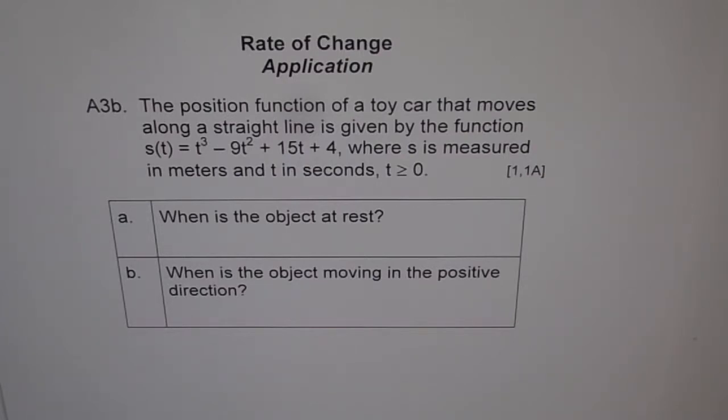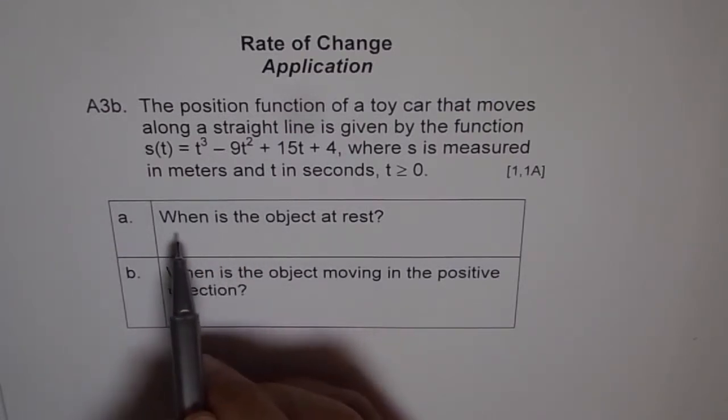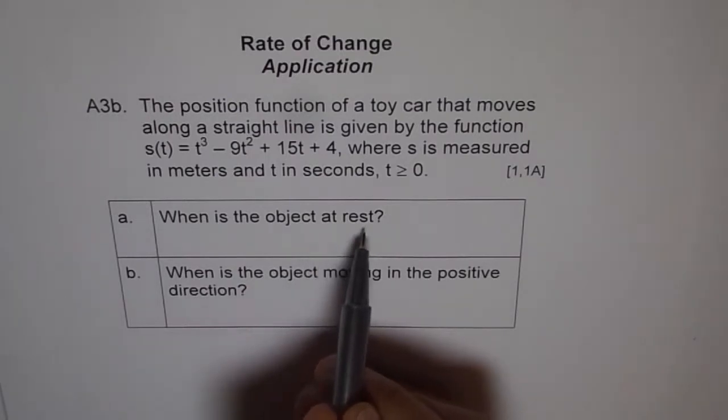Now it says, when is the object at rest? Well, I should add here that in part A, we found an expression for the velocity of the toy car, so I will add that expression here so that we don't have to repeat that process. Object at rest means that the velocity is 0, correct?